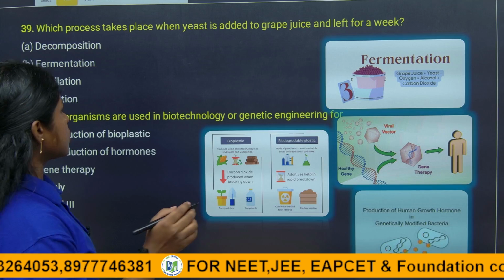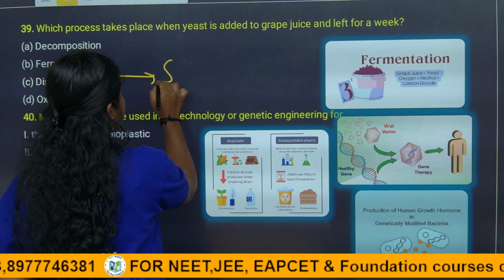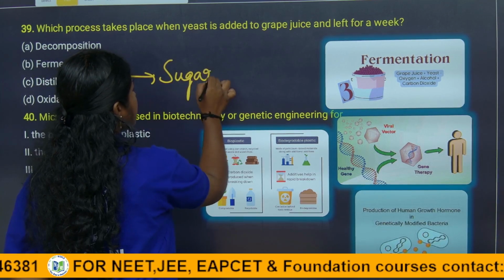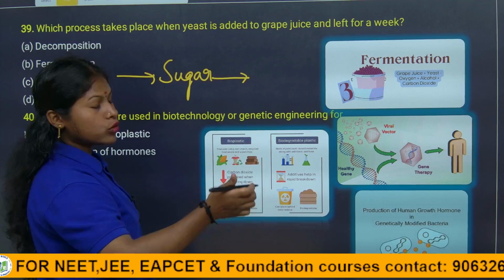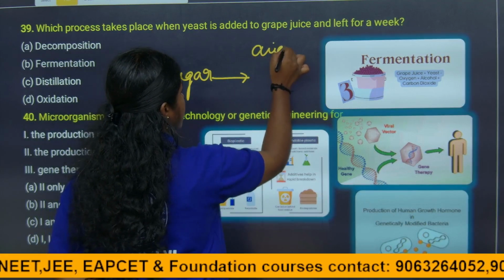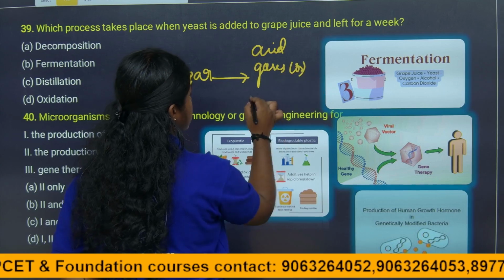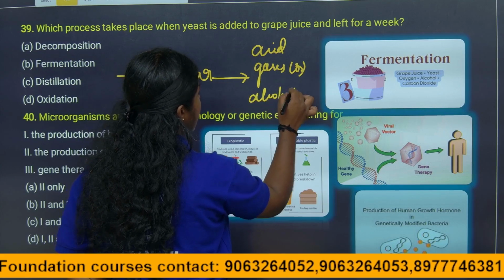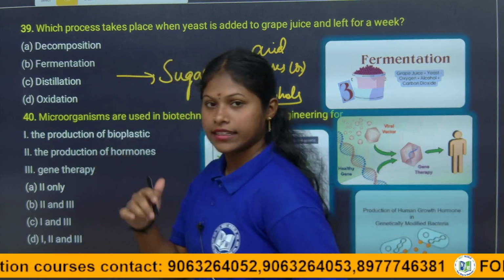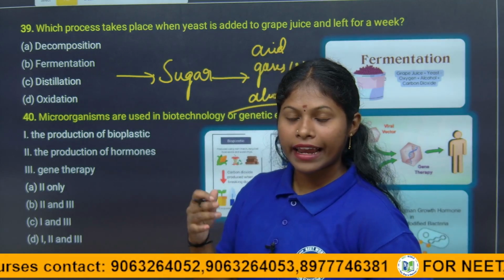children. So, fermentation is a process where sugar is broken down or converted into acids, gases or alcohols with the help of microorganisms like yeast, fungi and bacteria.